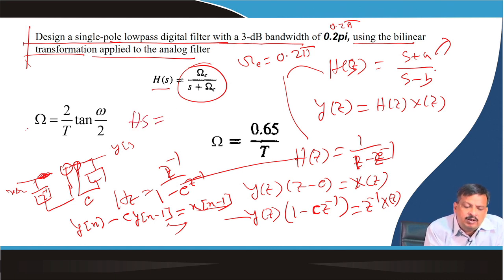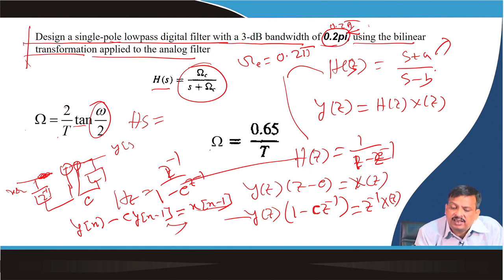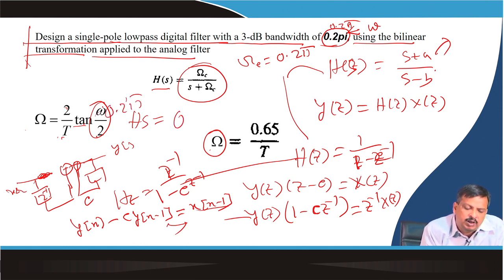So, what is the analog frequency? Capital omega is nothing but 2 by T tan(omega by 2), where small omega is the normalized discrete frequency. So, omega is 0.2 pi, so it is 0.2 pi by 2, that is 0.1 pi.